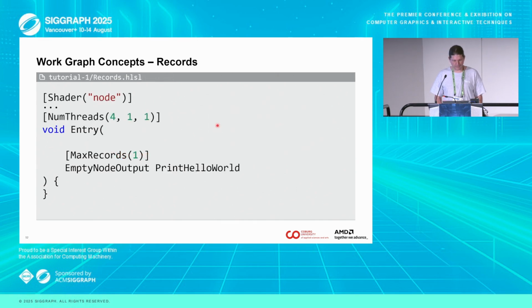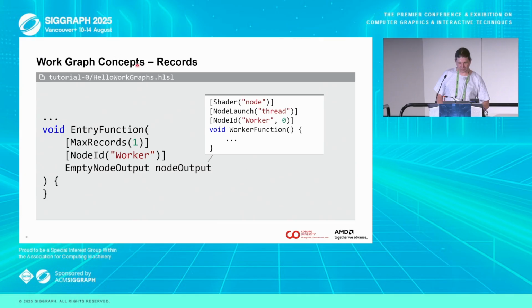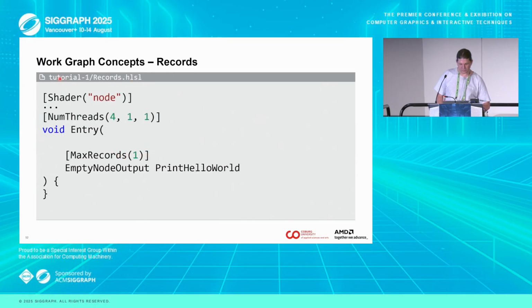So, let me go back a second. This was a little bit of a recap of the previous tutorial. Now in the new tutorial, you see up here, tutorial 1 records.hlsl, it looks a little bit different. So first of all, we would like to send an empty node output which prints hello world. This is essentially a recap of what we just did.